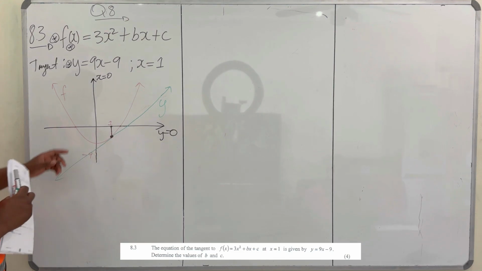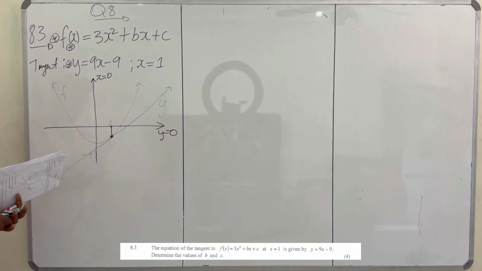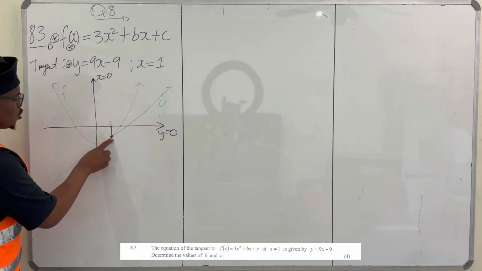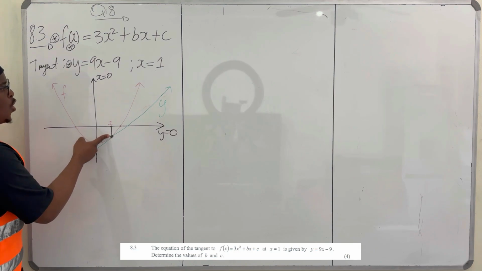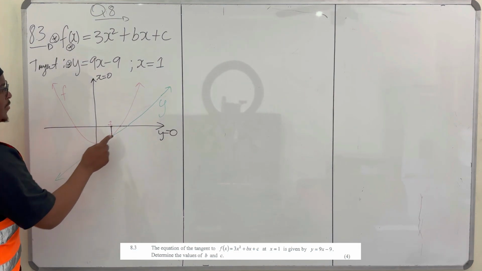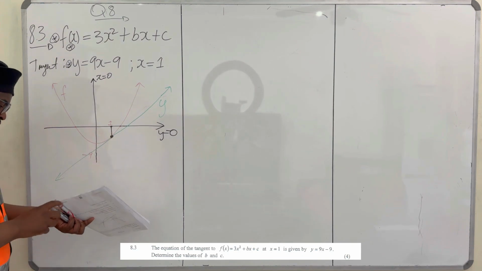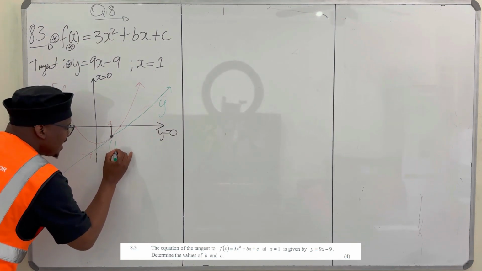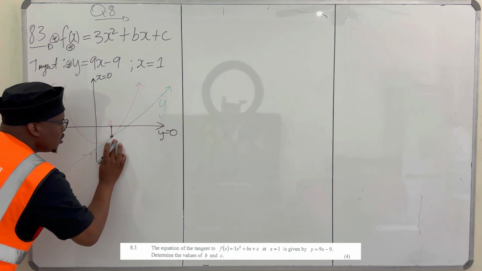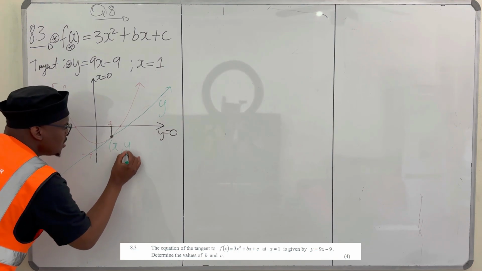And we're told that y is given by this equation. Since these two are touching at x equal to 1, we can find the full coordinates of y at x equal to 1. So we look at the green function y, and we have its coordinates as x and y.